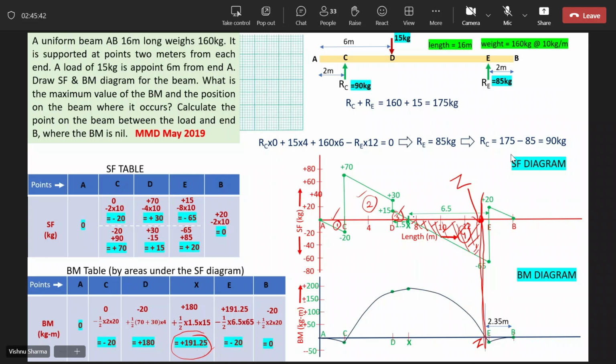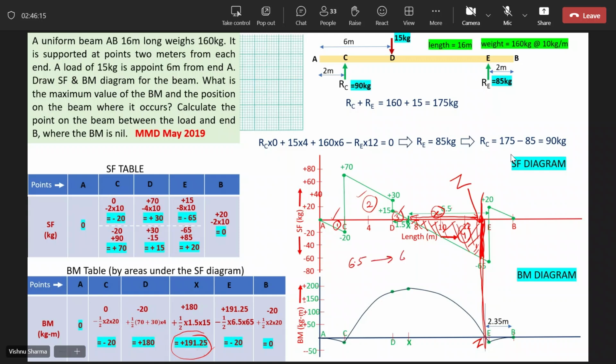Now, let us say this distance from X to Z is x meters. If this distance is x meters, then we'll find the height of this triangle. How will we find the height of this triangle? From X to E, the height is changing from 0 to minus 65 over a distance of 6.5 meters.